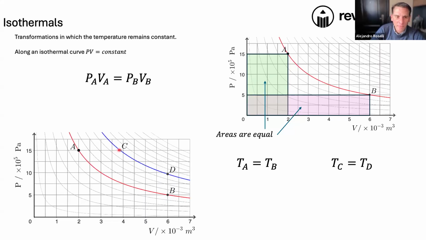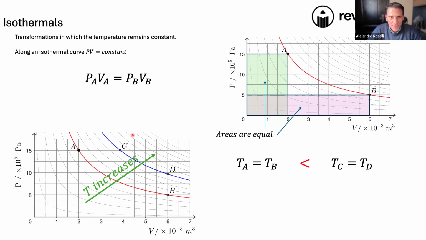Just as we described before, temperature would also increase from A to C. Basically, the blue curve represents an isothermal at a higher temperature than the red one. So temperature increases in that direction along isothermals: the further away you go from the origin, the higher the temperature of the isothermal.